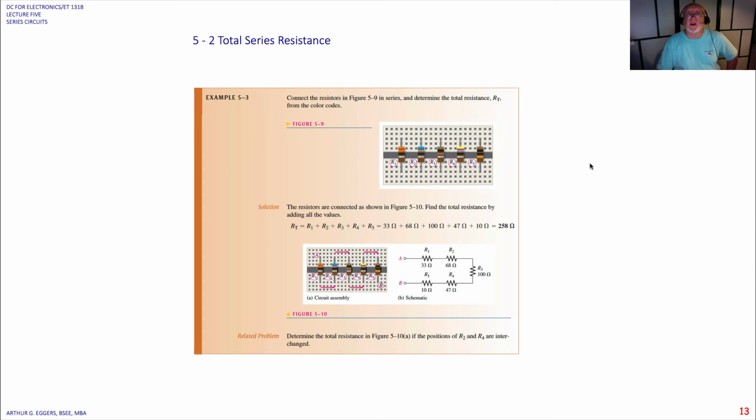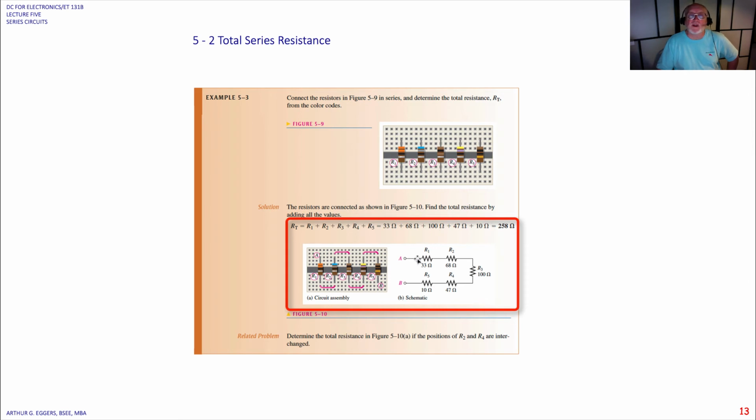Again, if we look at it on a proto board, you can see here we've divided it up across this bridge or this well, and we've got everything connected on this side and everything connected on this side between R1 and R5. With the given values, if you calculated these with the color codes, you would find that you had a 33 ohm, 68 ohm, 100 ohm, 47 ohm, and 10 ohm resistor.